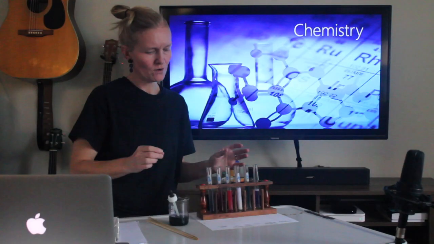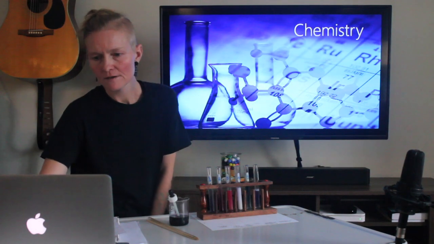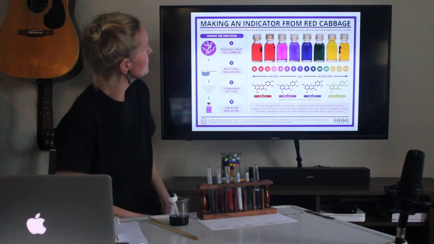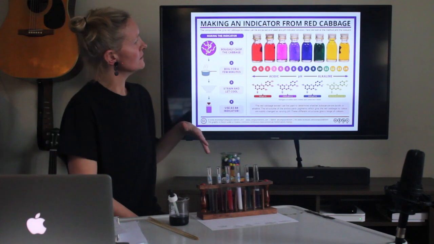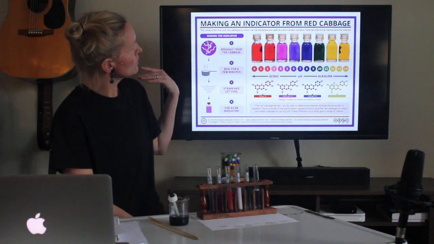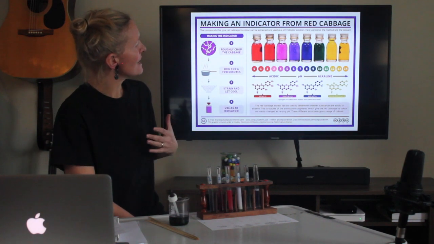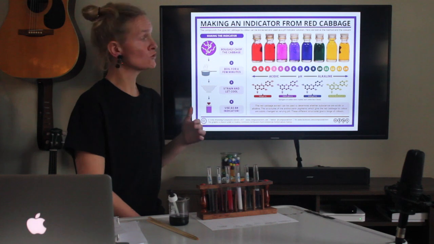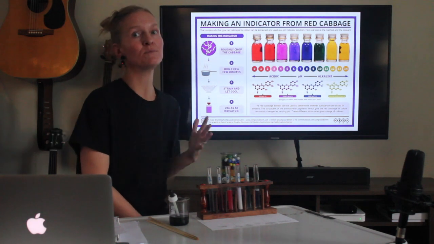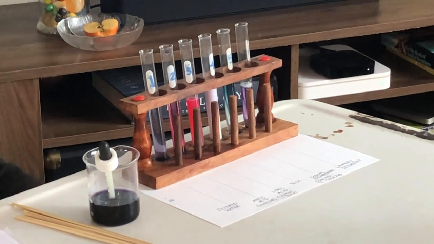Okay, so now we can have a look at them and compare them to this, the pH scale that it would go along with using the purple cabbage as your indicator. So it may not look exactly like the pH scale that I showed you earlier, the slide. It has its own colors.